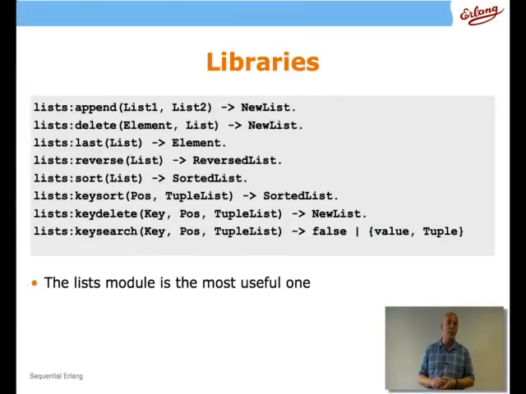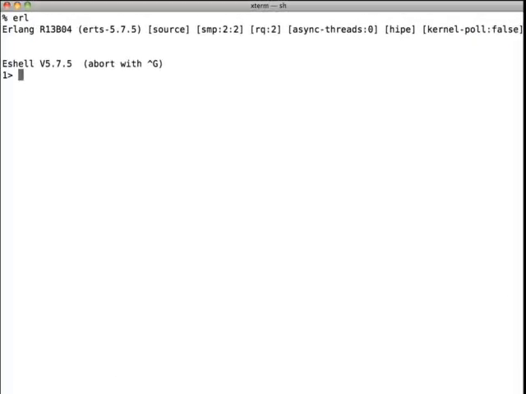Here are some examples of functions from the lists library, and let's take a look at some of those in action. So what we'll do is take a look at some examples of the library functions in the lists library. Let's set up some example lists first of all.